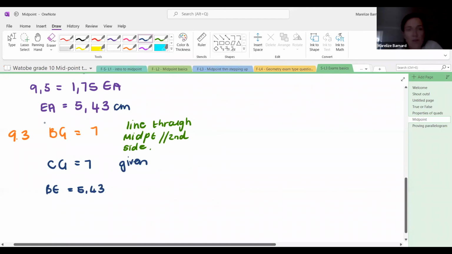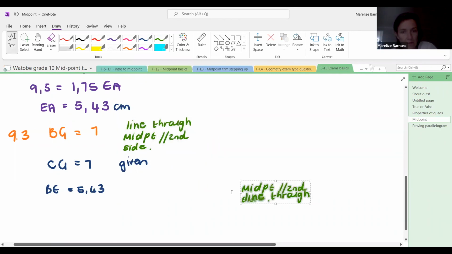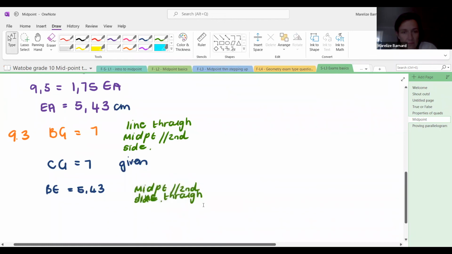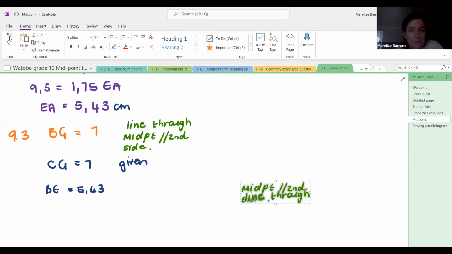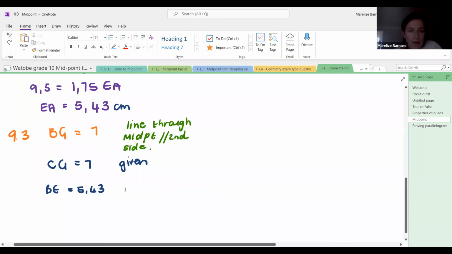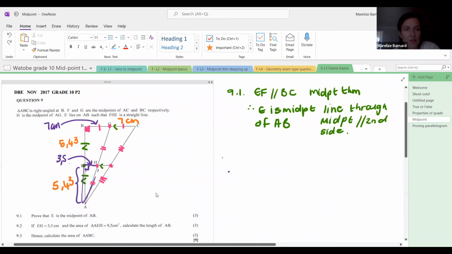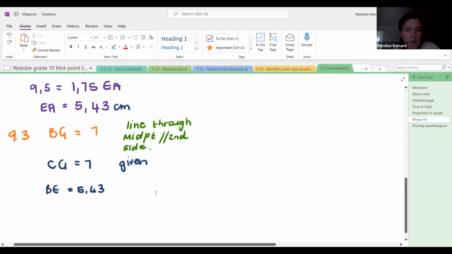And the reason for that is your midpoint theorem reason, the line through midpoint parallel second side. Let me just undo that. And yeah, you guys can start working out. We've got all the measurements, so you can work out what the area is and pop it in the chat.